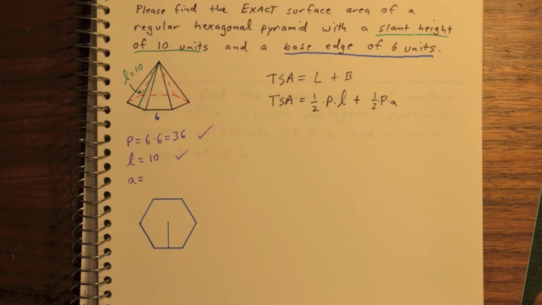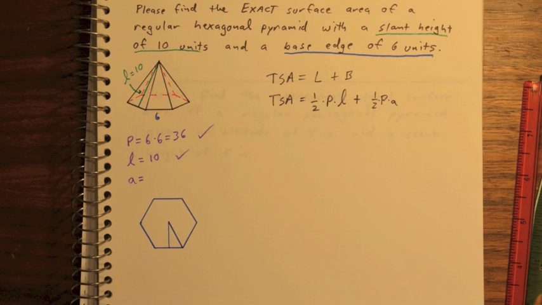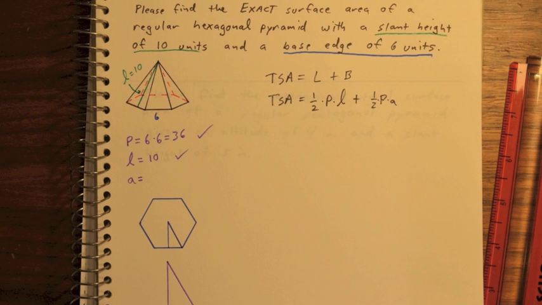And so if you just consider the base, we have a regular hexagon. We know side length is 6, and so that means half of a side length is 3. And half of a central angle is 30. So therefore our apothem is 3√3.